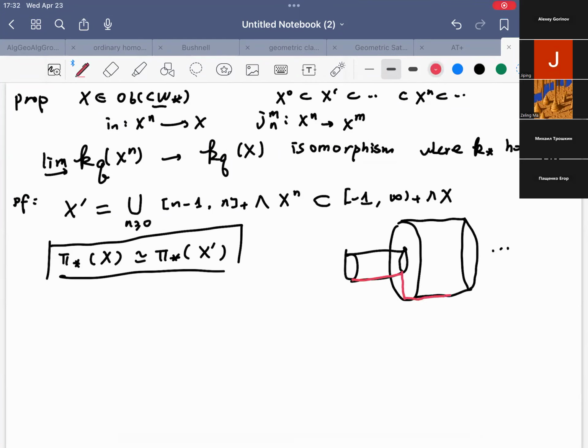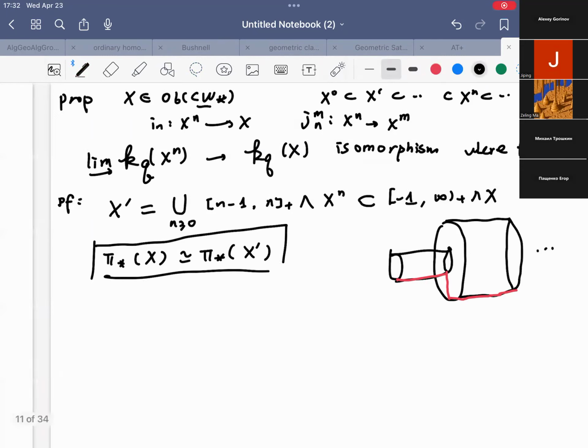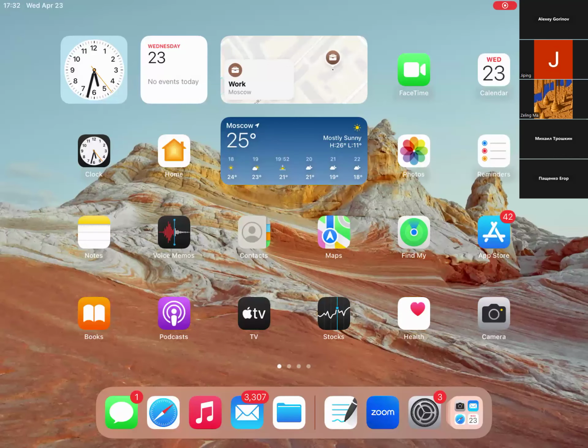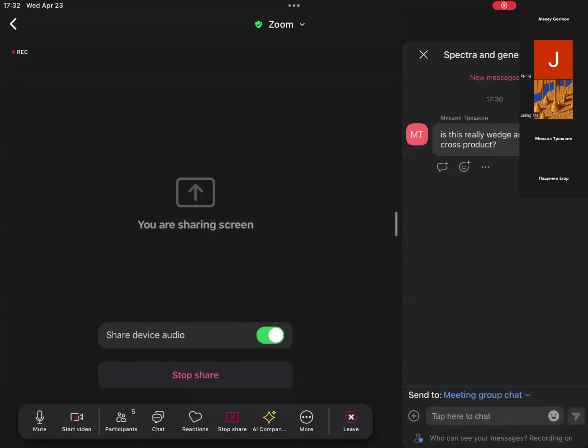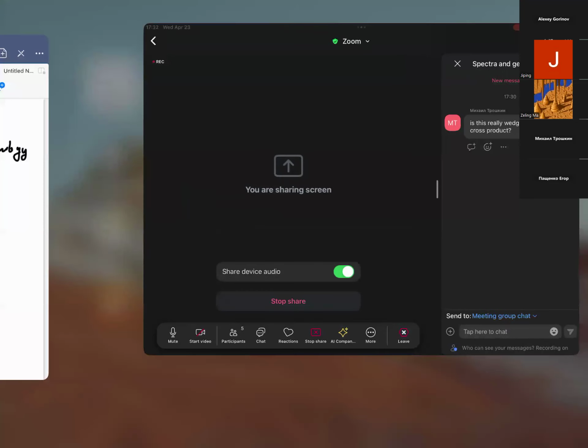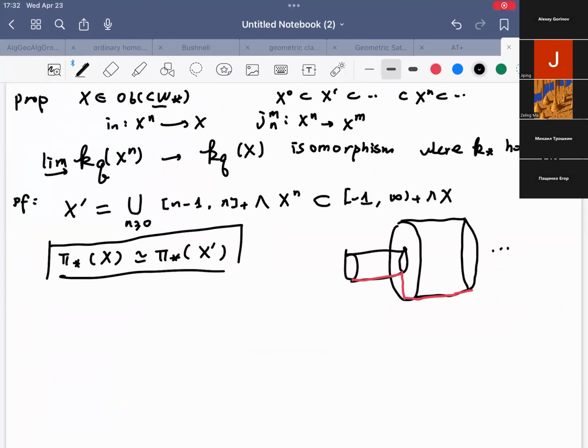Maybe it might look like this. Then you quotient the zero case. Okay.